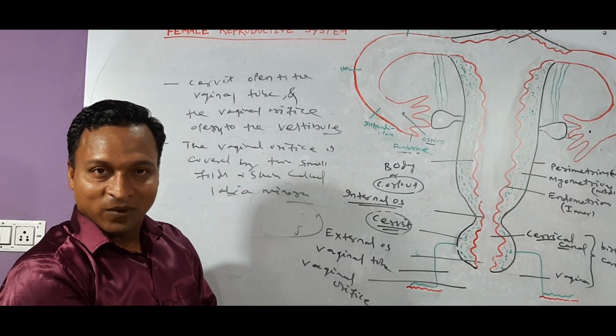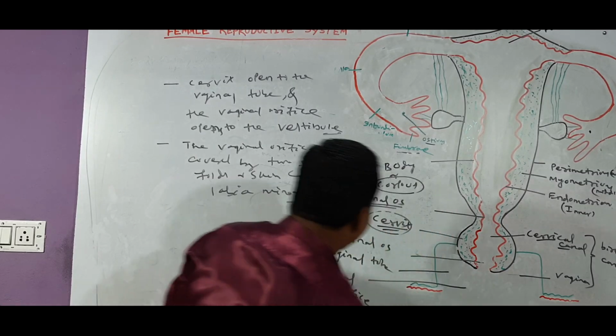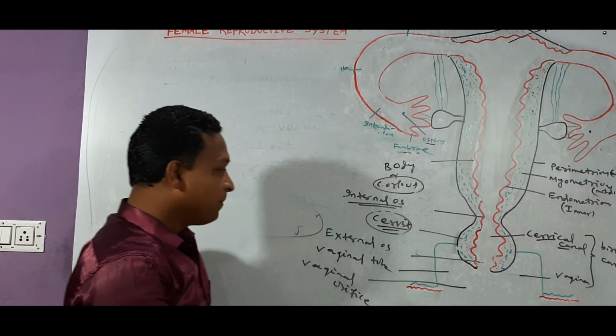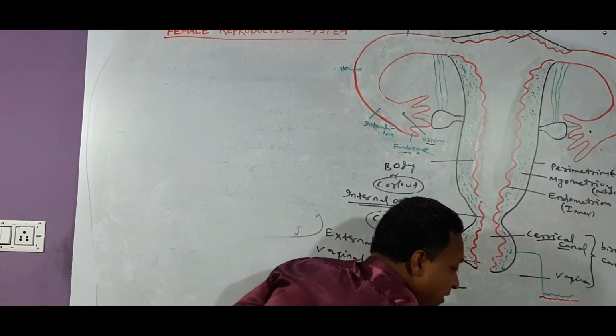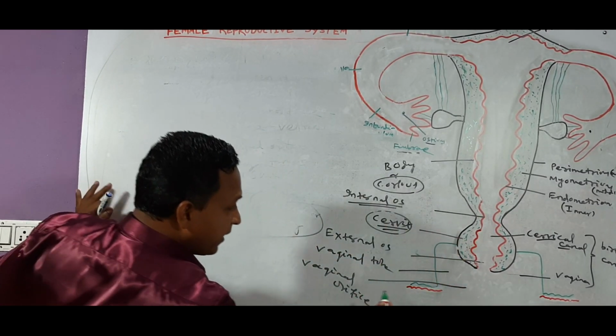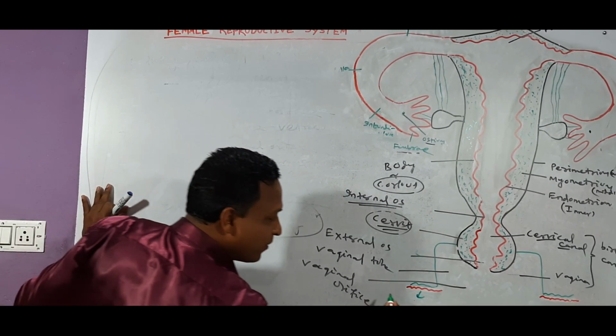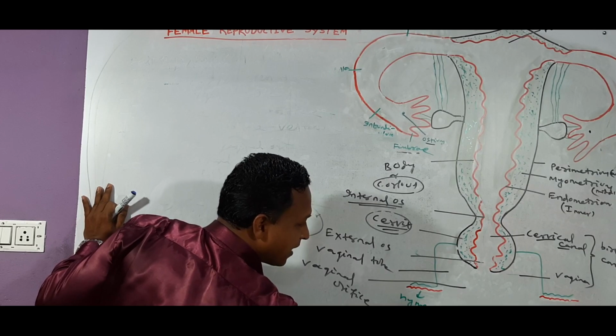Clear? Okay. If we take the next part, try to understand. The vagina is basically covered by a thin membrane, we can call that hymen.